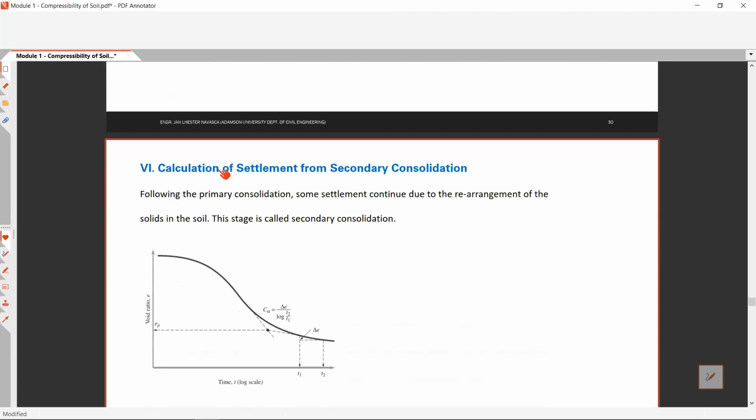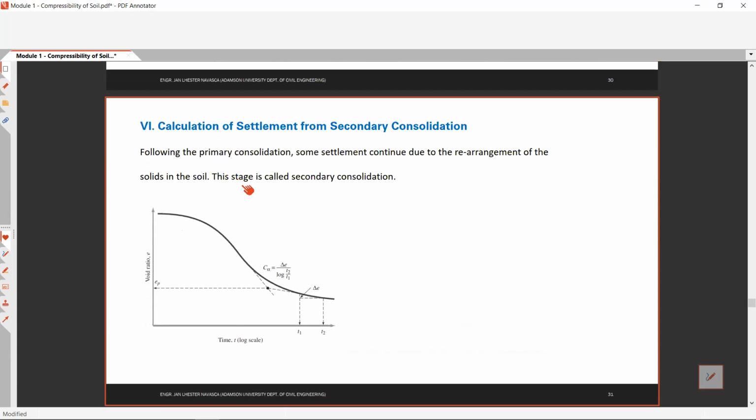So for the calculation of settlement from secondary consolidation, following the primary consolidation, some settlement continues due to rearrangement of the solids in the soil. This stage is called secondary consolidation.